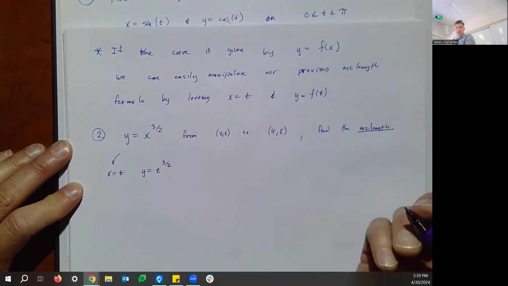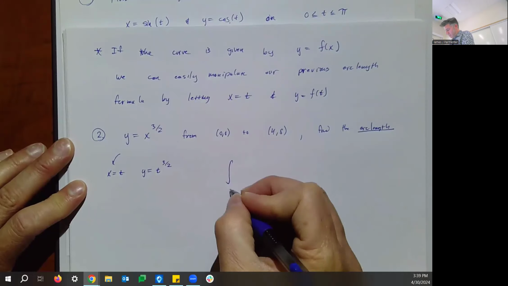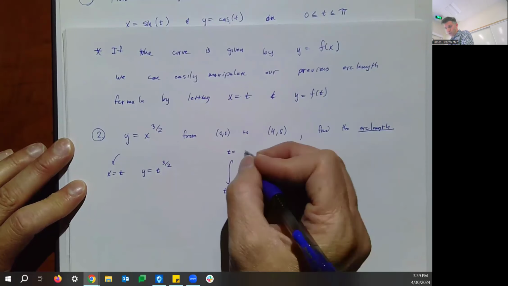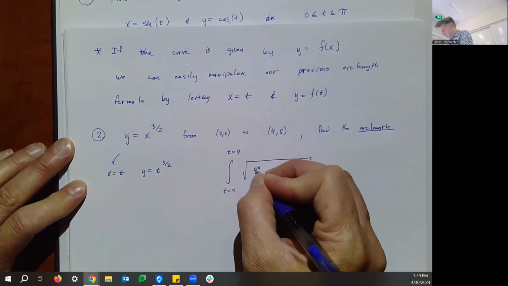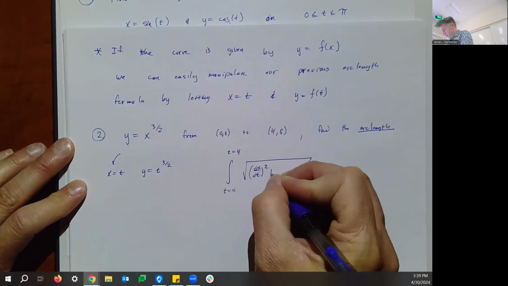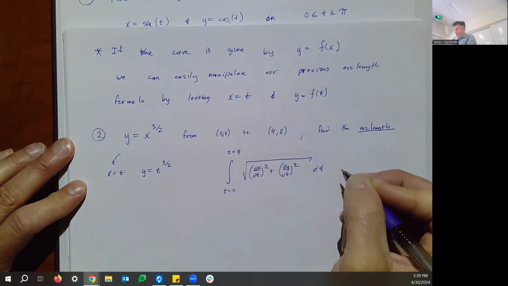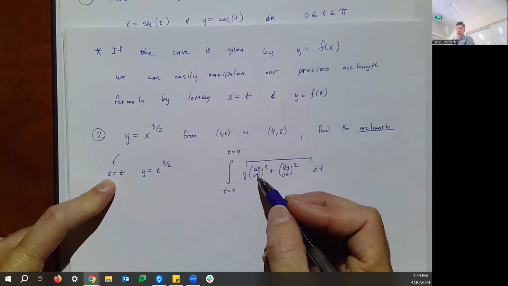So that then we can rewrite our formula, the integral from t equals 0 to t equals 4 of the square root of (dx/dt) squared plus (dy/dt) squared. Well, if x is t, then dx/dt is just 1.